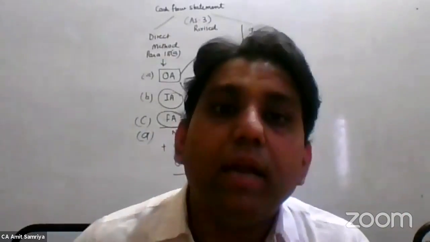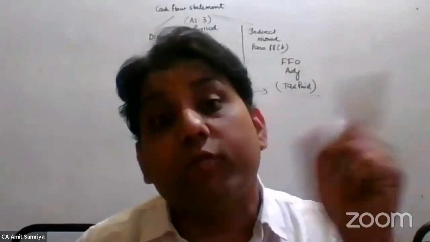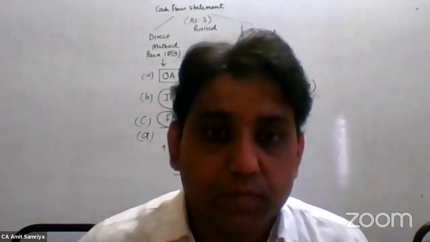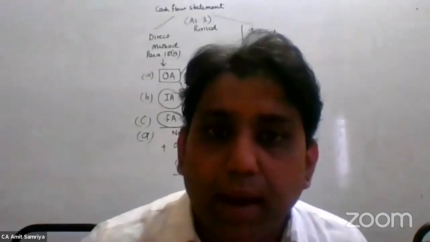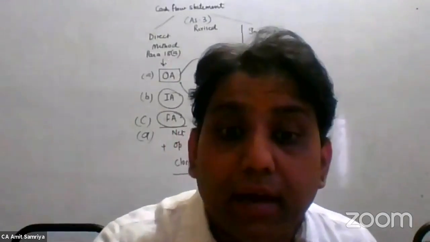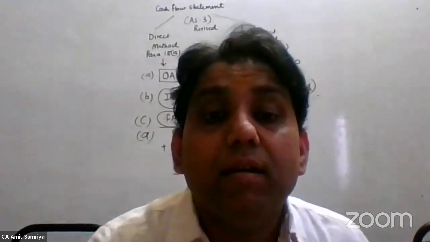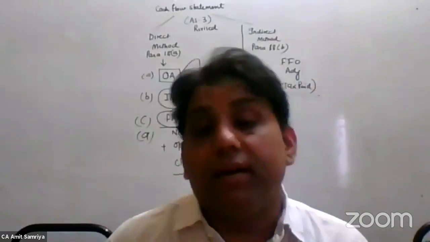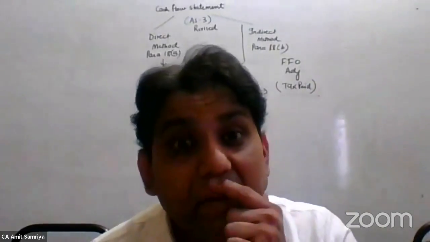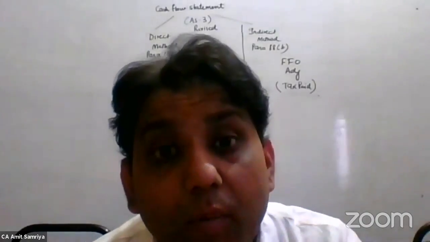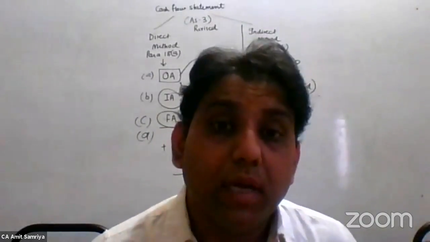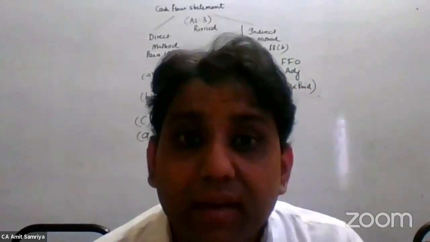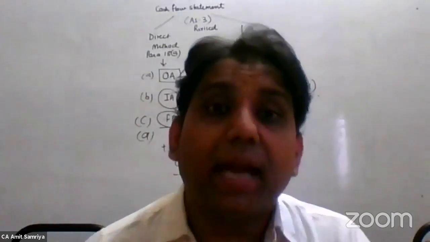Yes, we can calculate cash from operation from fund from operation also, but under the direct method you write cash from operations, and after that deduct tax paid, and you get the cash flows from operating activities. But under the indirect method, first fund from operation is calculated, then cash from operation is calculated, and then cash flow from operating activities is calculated.